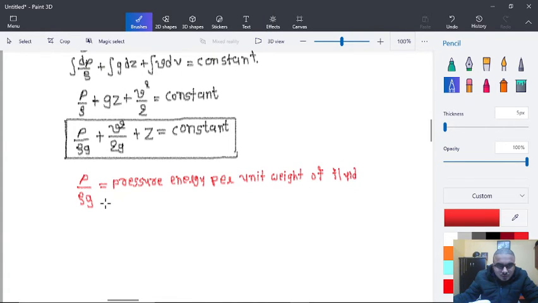And this is also known as pressure head.